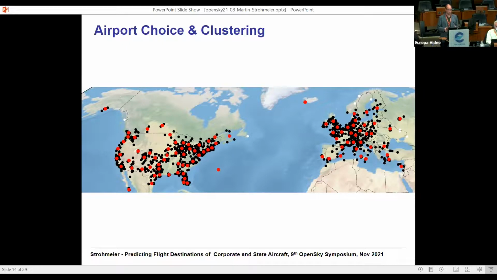We used weighted k-means clustering here and did some manual checking, so as not to exclude airports such as Reykjavik here. But in principle, the question is, 10, 15, 100 airports clustered together, how good can your prediction become if you predict the aircraft going to one of these clusters?